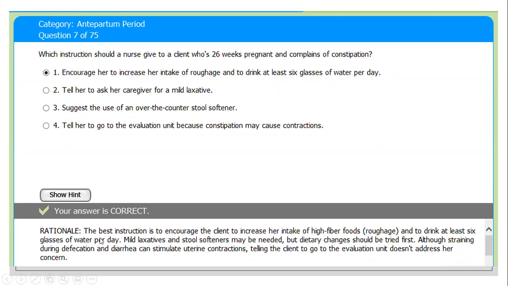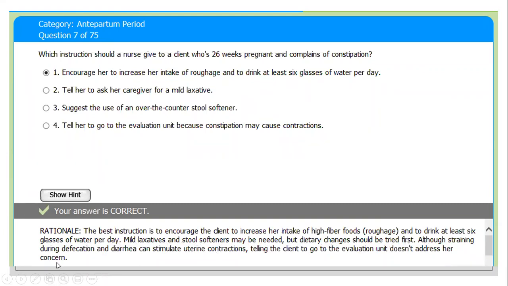The rationale said the best instruction is to encourage the client to increase her intake of high-fiber foods and drink at least 6 glasses of water per day. Mild laxatives and stool softeners may be needed, but dietary change should be tried first.